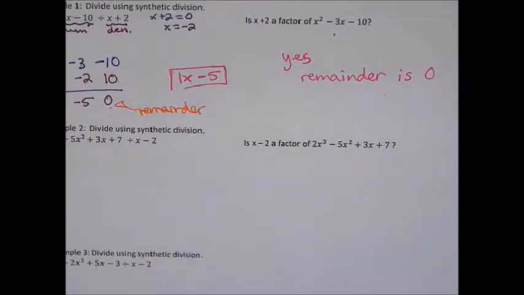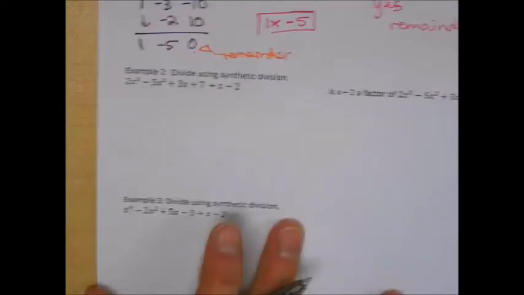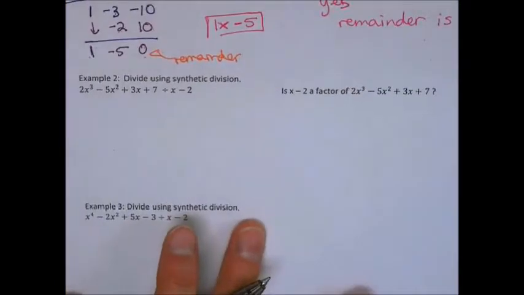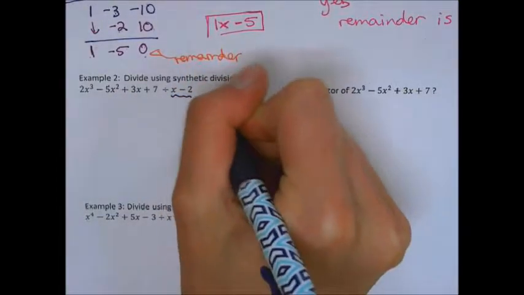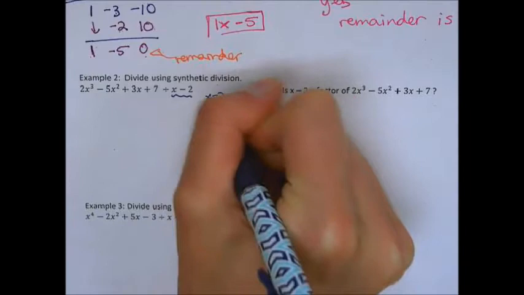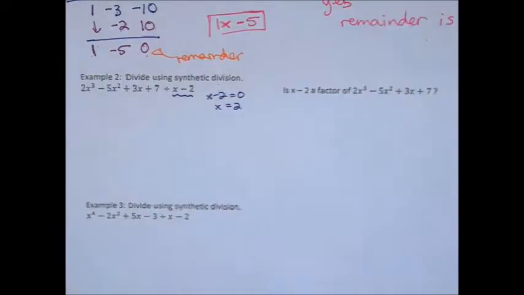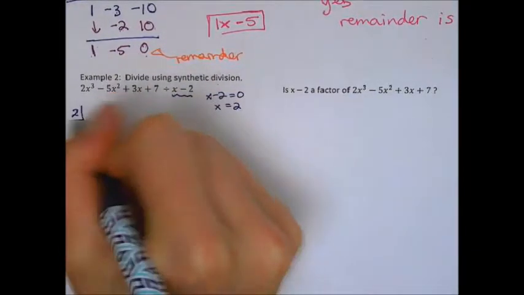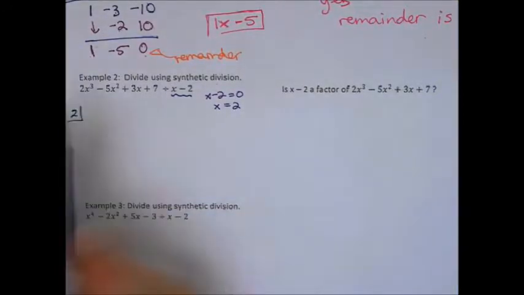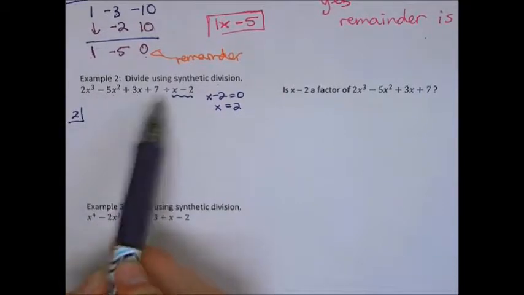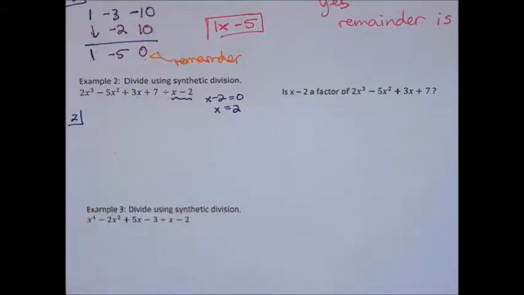Let's go ahead and try number 2. Okay, step 1. Set the denominator equal to 0. Put that number in the box. Are these in descending order? Yes, they are.